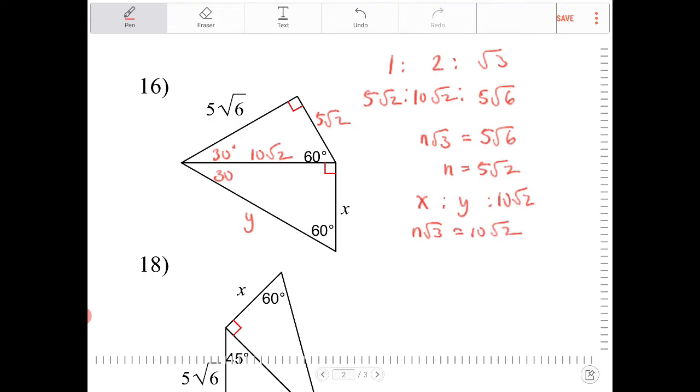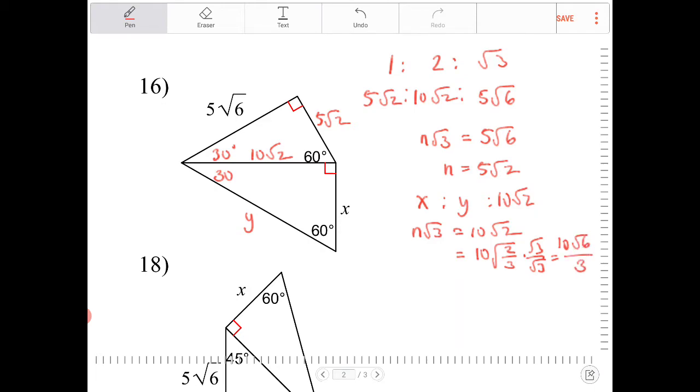If I divide both sides by radical 3, I end up with 10 radical 2 over radical 3. And there's this concept of rationalizing, because we cannot leave the denominator with a radical. I'm going to multiply both top and bottom by radical 3. If I do that, I'll end up with 10 radical 6 over 3.